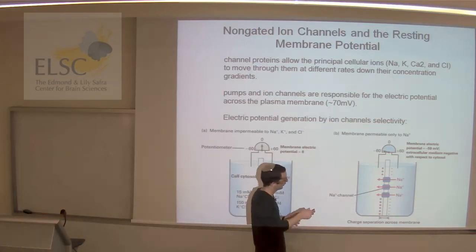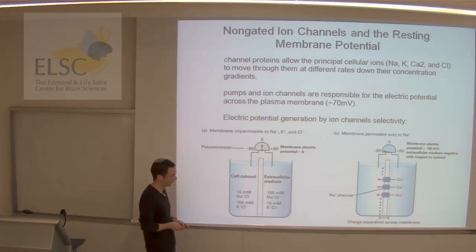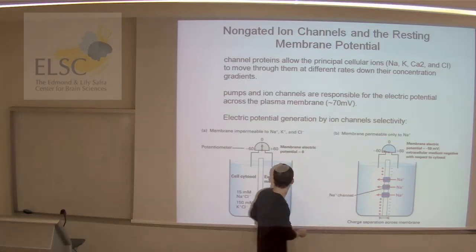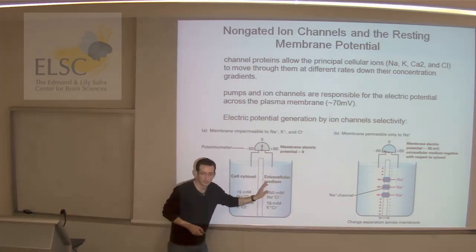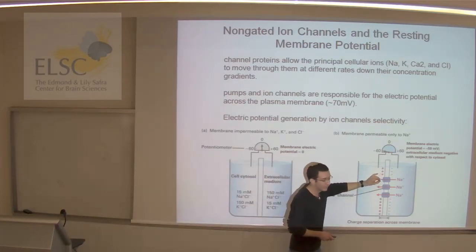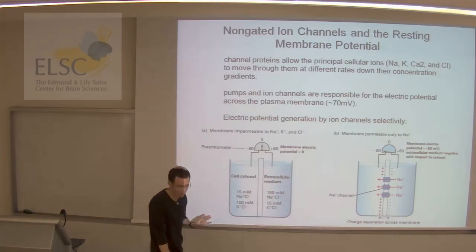And the potentiometer would show some value different from 0. So again, when you have this situation of different concentration gradients across the cell, it's enough to add non-gated ion channels to explain the formation of electrical gradients.